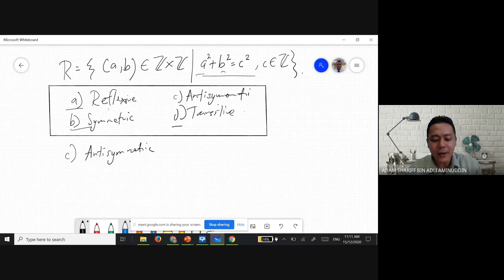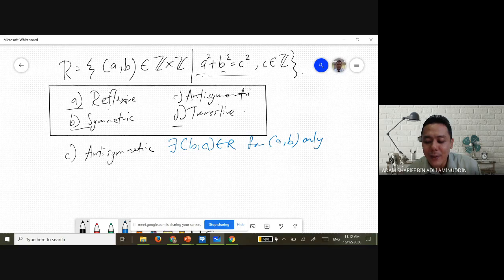First of all, I would like to remind myself what is anti-symmetric. There is this BA in R for AB only when A equals to B. Kawan kamu tu memang bijak. Dia tahu kalau saya jawab anti-symmetric, saya jawab symmetric tu. Sebab ada BA, AB. Tapi ada beza AB equals to B. Alright.